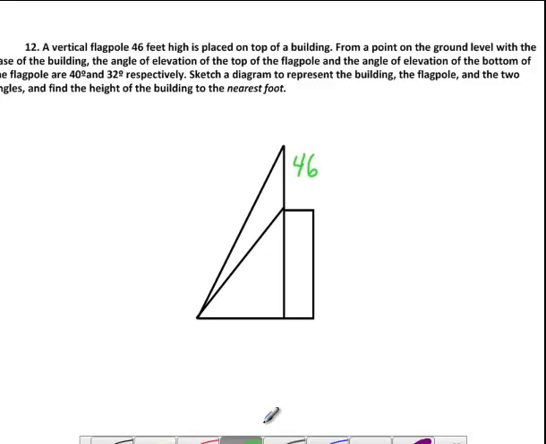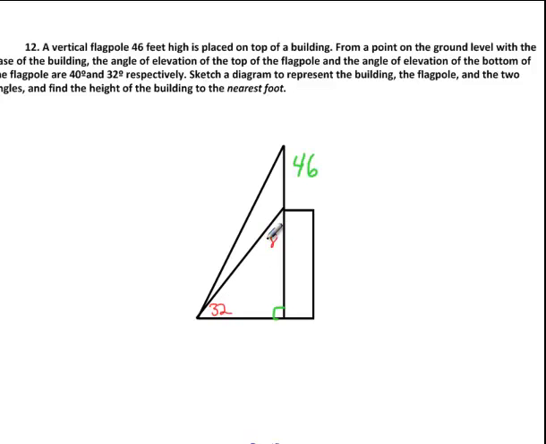Okay, so this is 32. This entire angle is 40, so we know this little angle in here is 8. We know this is a right angle, so I can find all my other angles in this triangle now. If this is 32, 90 plus 32 is 122.